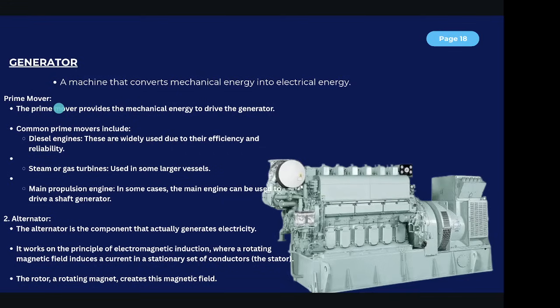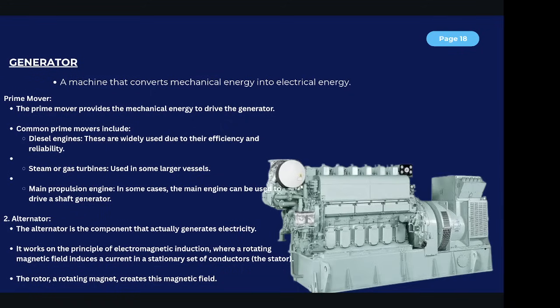The prime mover provides the mechanical energy to drive the generator. Common prime movers include the diesel engines, which are widely used due to their efficiency and reliability, and steam or gas turbines, which are used in some larger vessels.